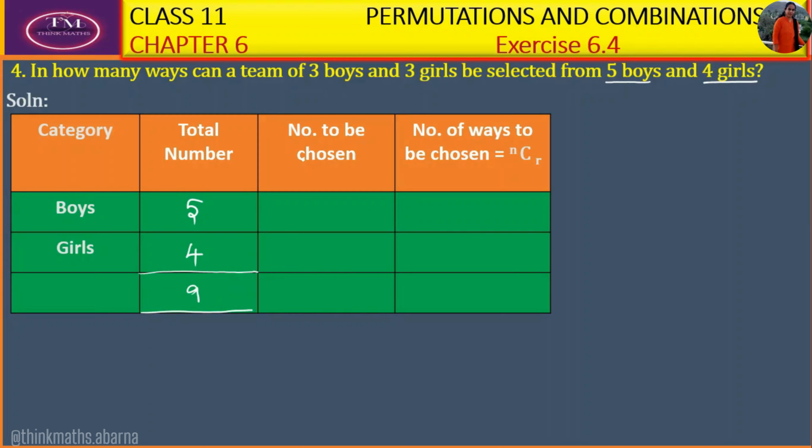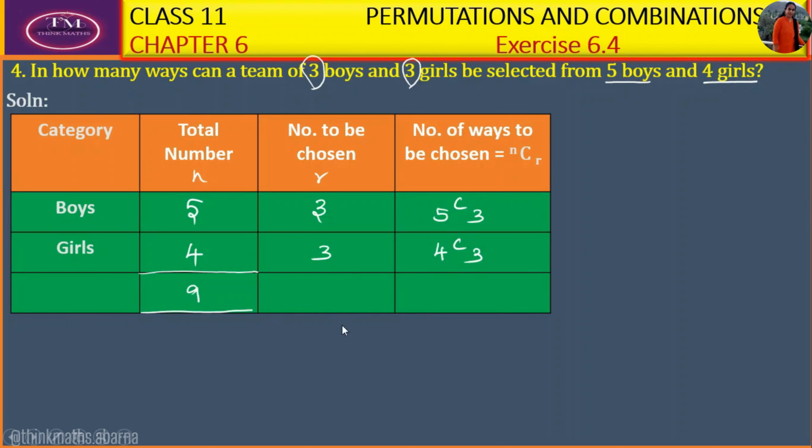Okay. Number to be chosen. So from these 5 boys, how many boys to be chosen? 3 boys. From these 4 girls, you have to choose 3 girls. So number of ways to be chosen is nCr. So it is 5C3. So this is n and this is r. Okay. So this is 4C3.